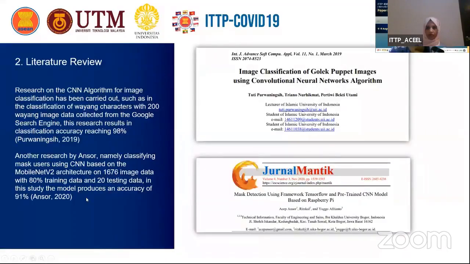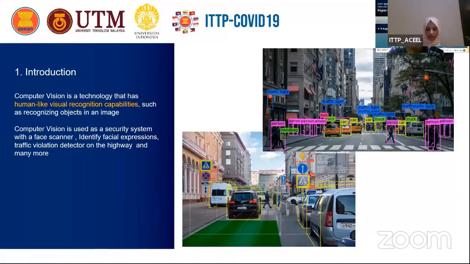And one of the famous computer vision algorithms is the convolutional neural network. So in this study, the author makes an application for mask user detection with the CNN algorithm.